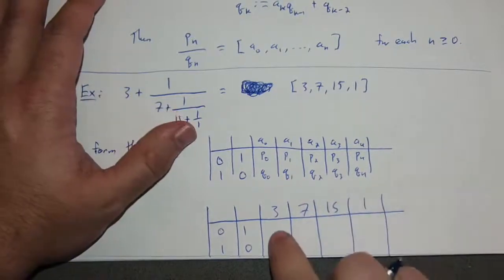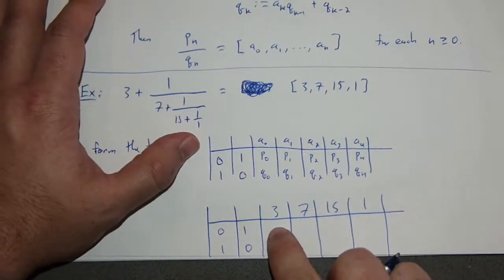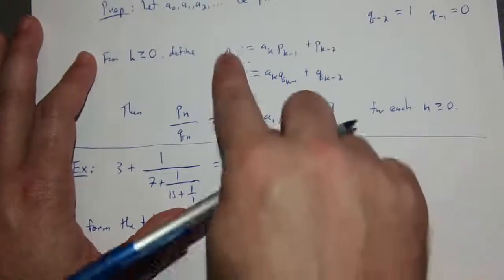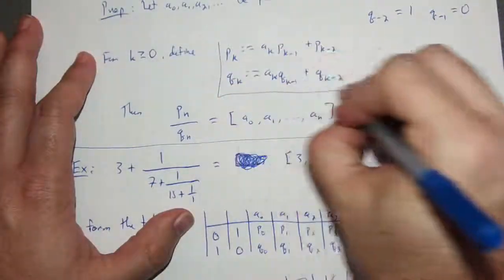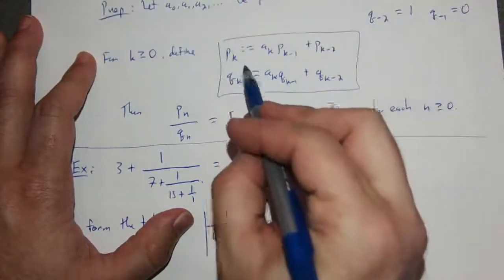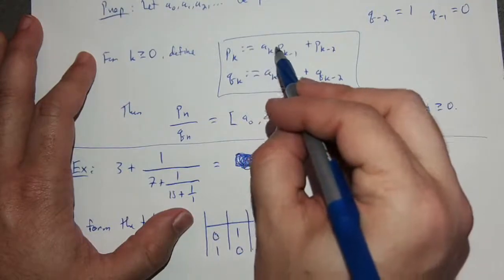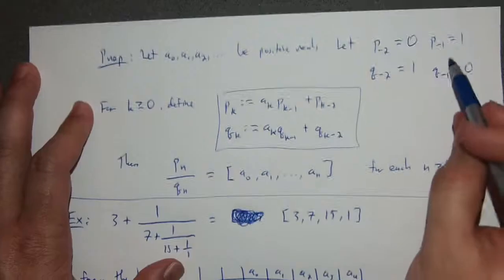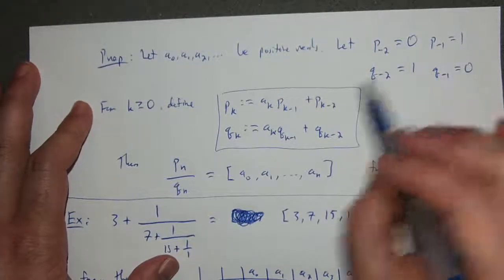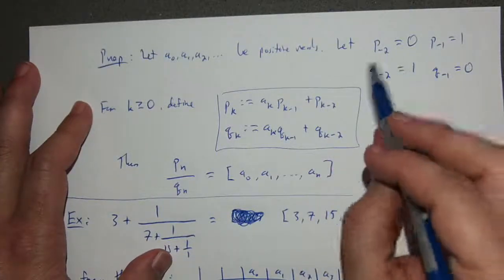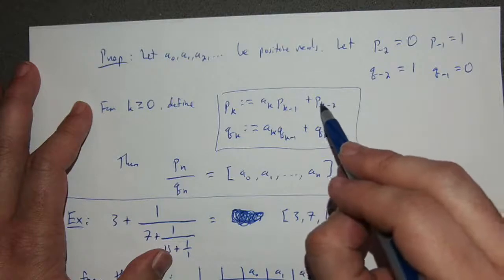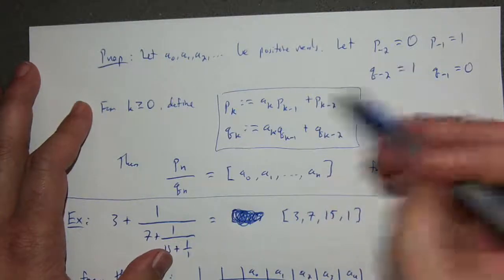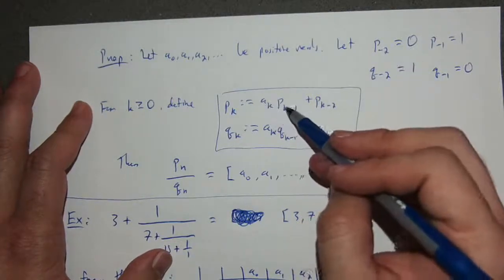So now I need to compute P naught. Looking at the equations defining my indices, P naught would be A naught times P sub minus 1, which is 1, plus P sub minus 2, which is 0. So it would be 3 times 1 plus 0.